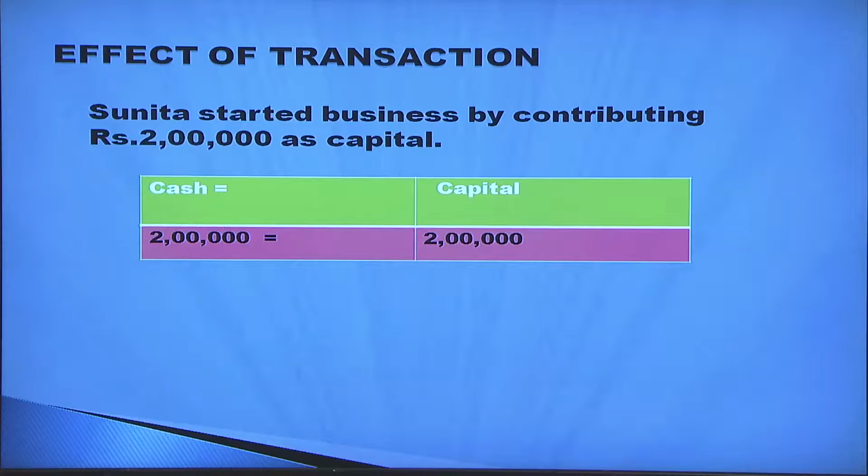So in the accounting equation, assets equals liabilities plus capital. Under asset side you can include cash. And in the capital also there is a same amount increase. So asset equals liabilities plus capital, that is cash equals capital.